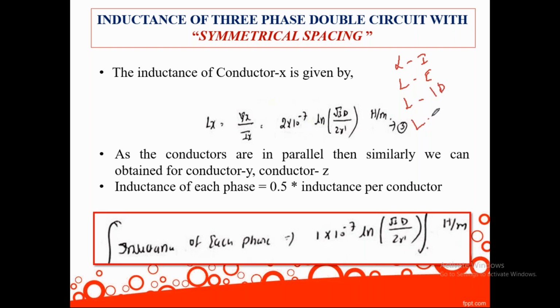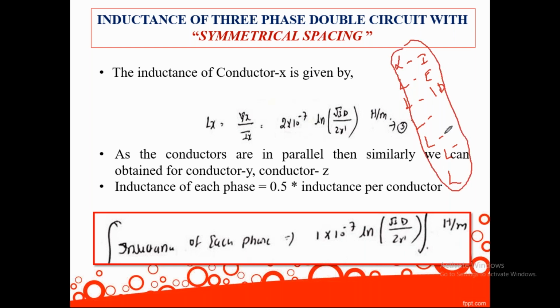Next, the flux linkage with respect to composite conductors, and the inductance of a composite conductor. After that, three-phase with symmetrical and unsymmetrical spacing. Next, the inductance of a three-phase circuit with unsymmetrical spacing and transposition, and finally the three-phase double circuit with symmetrical spacing. These are the derivations we discussed until now.